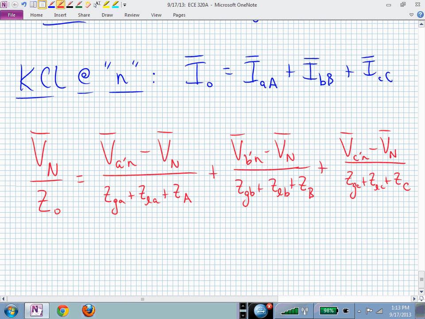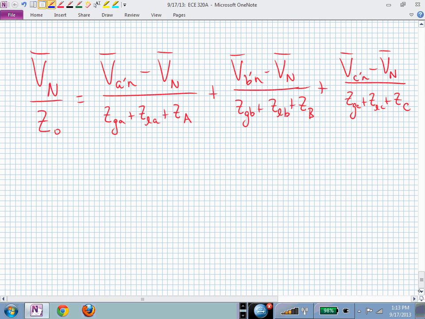Now what I want to talk about is, what if we have a system that is balanced? What are the conditions for the system to be balanced? Let me just state those. We now have a few properties that a system needs to obey in order for it to be a balanced system.